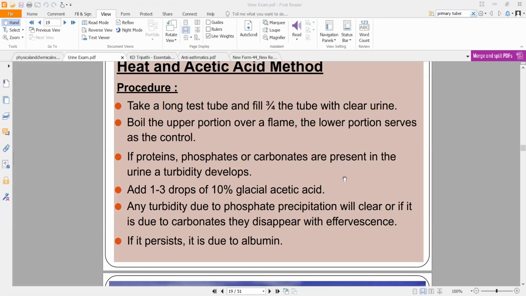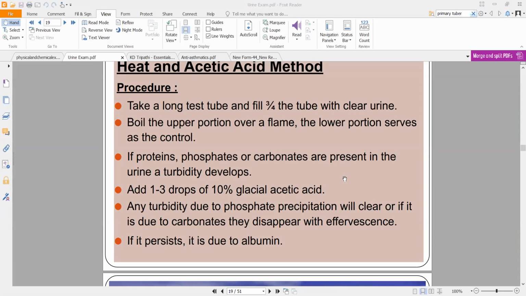If it is due to carbonates, such as sodium bicarbonate or any other carbonate, instead of precipitation, effervescence will come. Effervescence is what happens when you add water to Eno. It is an exothermic reaction where a lot of gas is released along with a lot of bubbles.